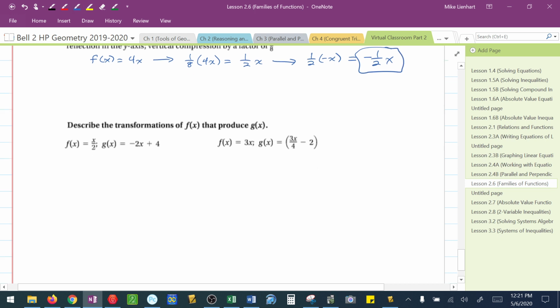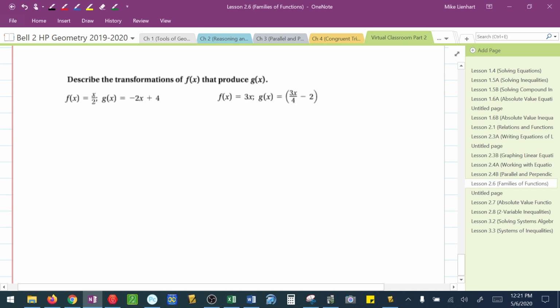All right, last thing I want to do here, and these can get a little bit tricky. They want to know, how do you go from f of x to g of x? So I'm going to start with f of x, and that's x over 2. The first thing that I want to do is get that 4 into the mix from g of x. So what I'm going to do is go up 4.